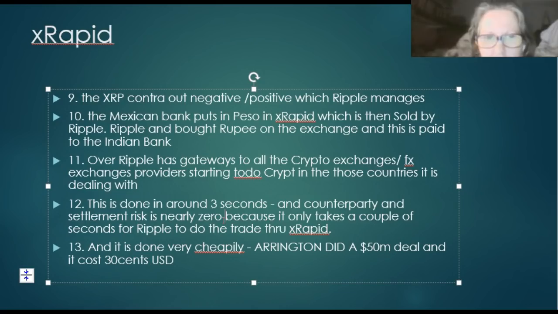That's why any bank that uses xRapid saves so many costs, because they don't need the risk management people monitoring all the outstanding foreign exchange deals that haven't settled their cash flow within a minimum of 2 days, with all the price risk of those foreign currencies going up and down. The bank also doesn't need to put up capital against settlement risk, counterparty risk, price risk or whatever it might be.